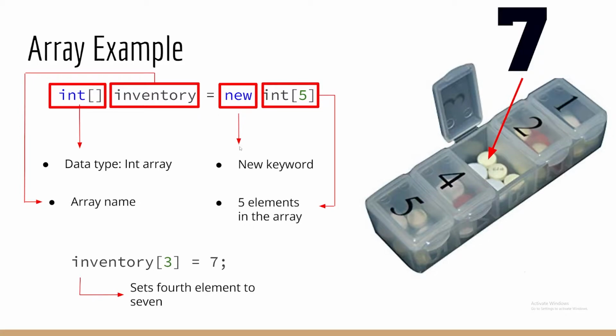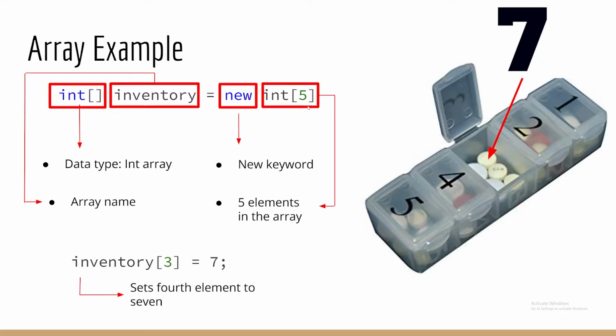And you would set this equal to, you would use the new keyword, okay? And then this is declaring that you're having an array of 5 elements here. So it's just declaring that you're creating a new integer array, and that array will have 5 elements in it.